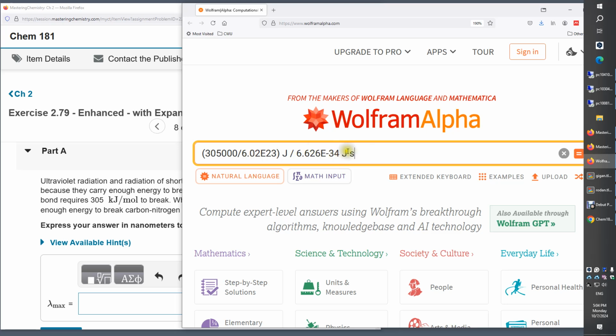Alright, after we do this calculation, we'll see the unit is going to be 1/second, or hertz. That's the frequency. Now I'm going to remove the units, because Wolfram Alpha may not be able to handle the units properly. But keep this in mind. Whatever you see here is the frequency of the photon.